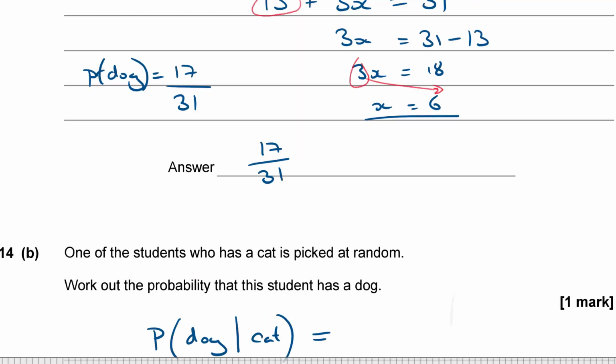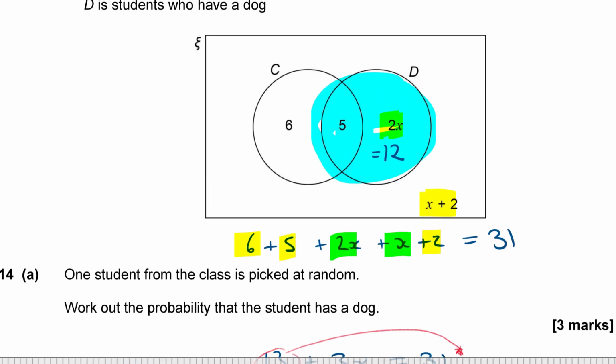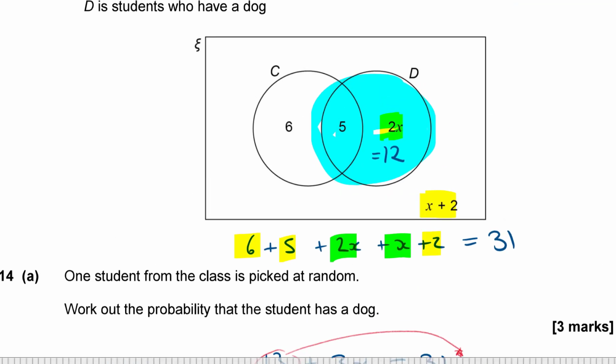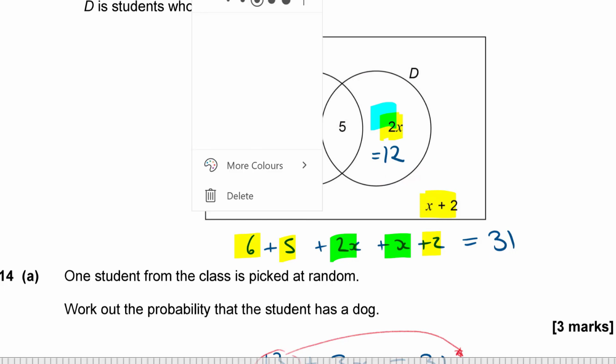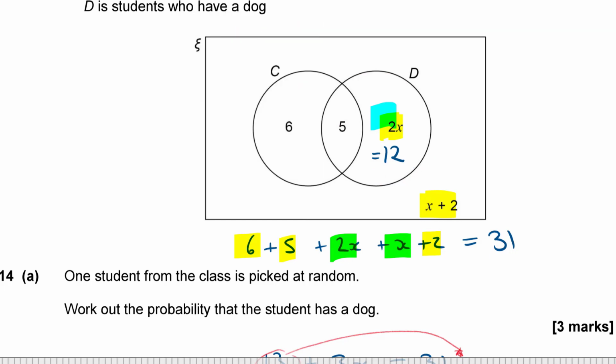Okay, now if they've got a cat, let's just tidy up this Venn diagram for a second. Let's just get rid of all that blue. If they've got a cat, then they're somewhere in here, isn't it? They're in this purpley bit. So there are 11 people altogether in that purpley bit.